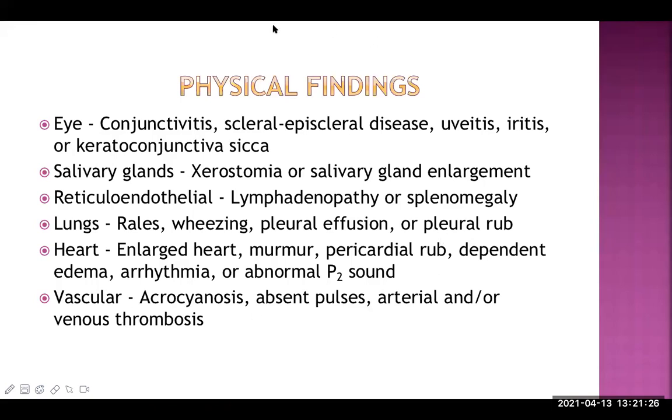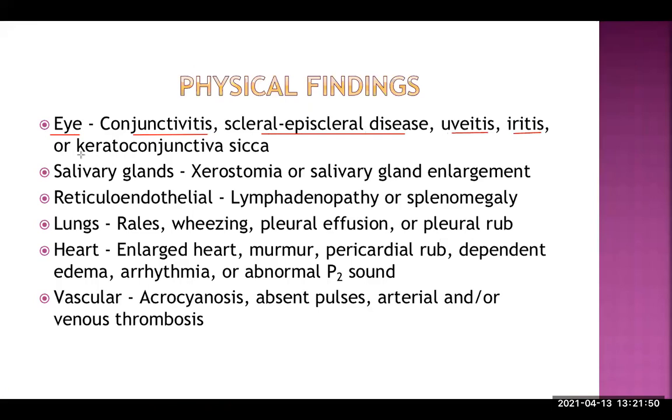Now let's move further. What are the other types of physical examination findings? If we examine the eye, there may be conjunctivitis, red eye. There may be scleritis or episcleritis, again red eye. Uveitis also results in red eye. Iritis also results in red eye.